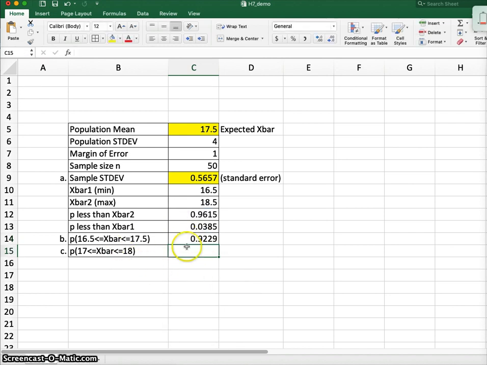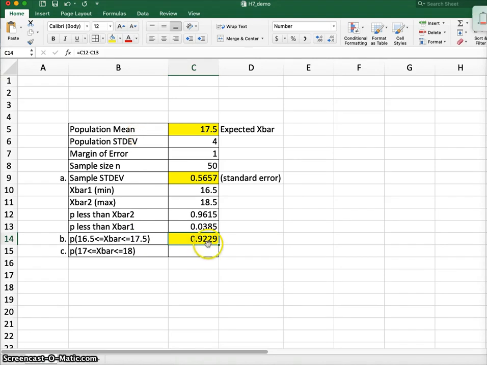So that's B. It wants to know the probability that I would get a sample mean between 16.5 and 18.5 if the population mean is in fact 17.5.